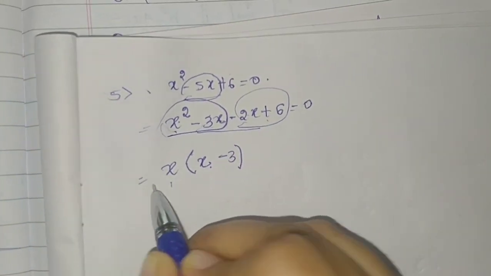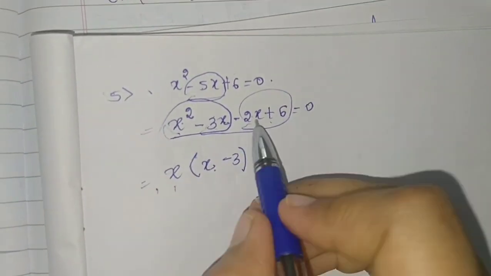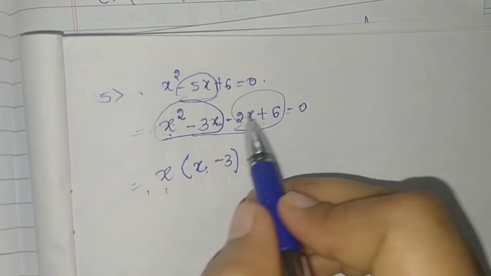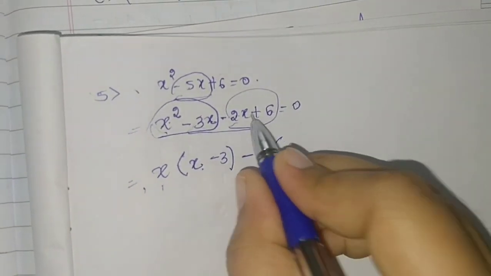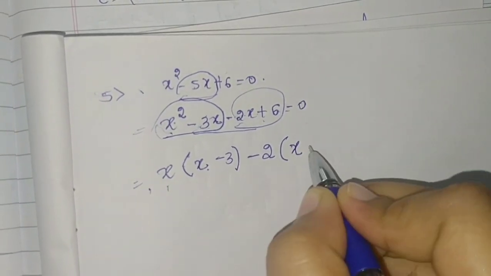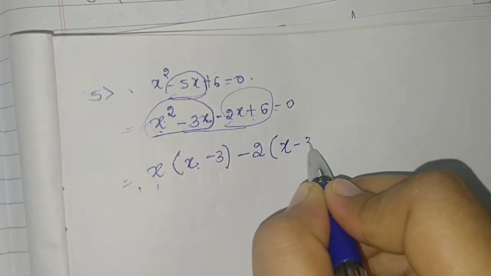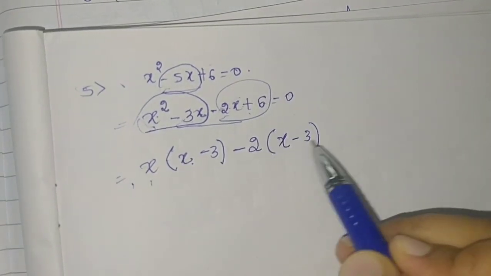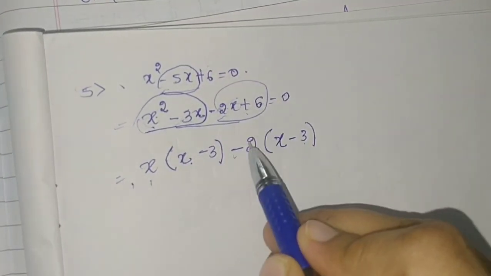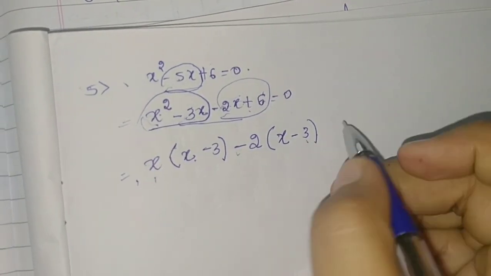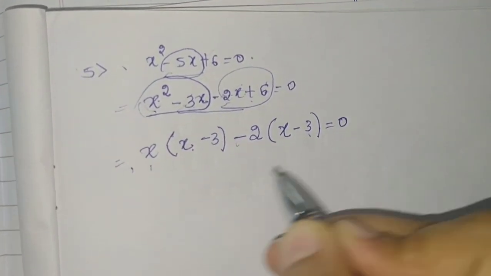Now here in 2x and 6, 2 is the common thing. So I am taking 2 out. What is remaining here is x, so minus 3, because 2 3s are 6, 2 already I have taken out. So this will be equal to 0.